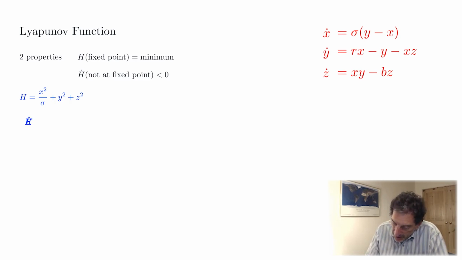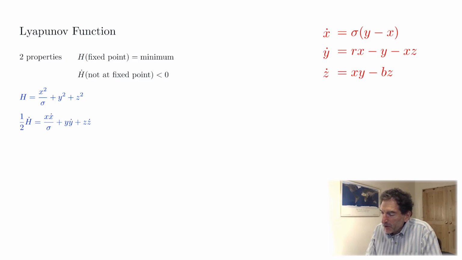So let's compute h dot, and to avoid annoying factors of 2 everywhere, let's multiply through by 1/2. Then this becomes x x dot over sigma plus y y dot plus z z dot. Then we substitute x dot, y dot, z dot into this equation, and I'm going to skip one step here.